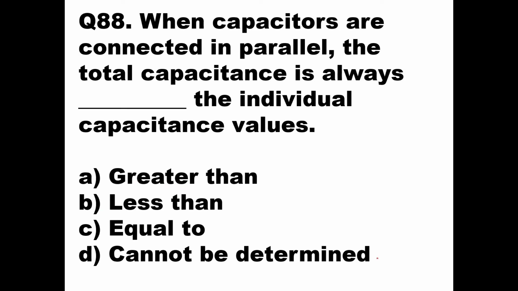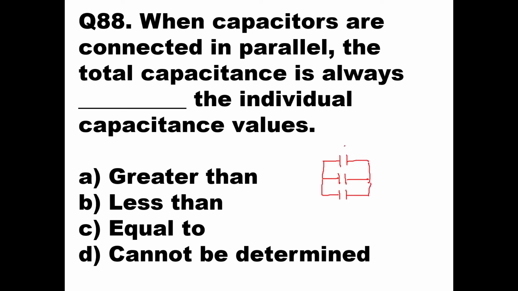When the capacitors are connected in parallel, the total capacitance is always dash the individual capacitance values. So when they are connected in parallel, say this is capacitor 1, this is capacitor 2, this is capacitor 3.